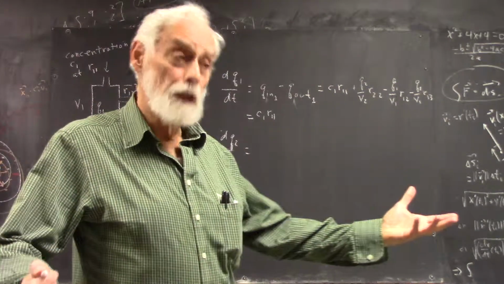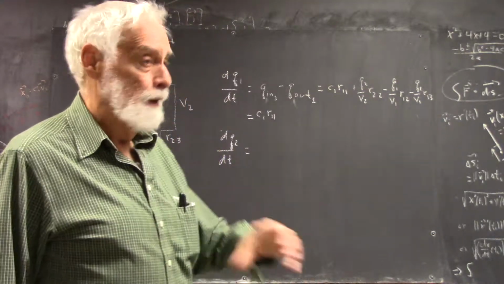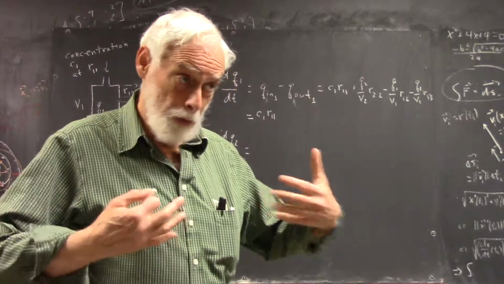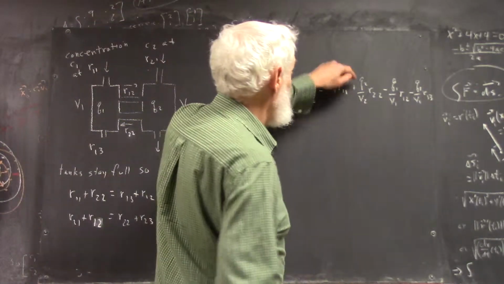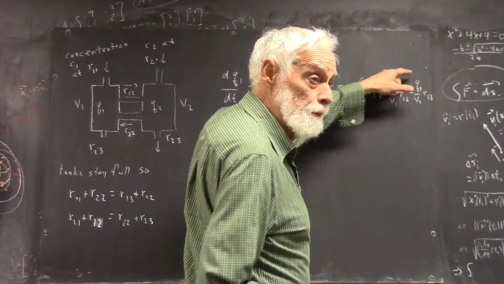Okay, which we didn't have last time. Everything else is totally analogous to what we had last time, just for more complicated reasons. But we're just going to have a multiple of Q2 and a multiple of Q1.